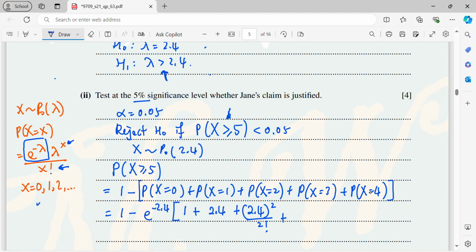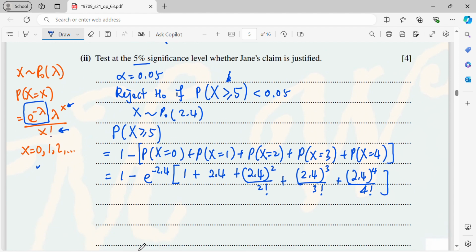Then when X goes to 3, it will be 2.4 cubed over 3 factorial. And lastly, 2.4 to the power 4 over 4 factorial. Then when you calculate this, it will be 1 minus 0.90413. That will be the total value of the terms inside the brackets.